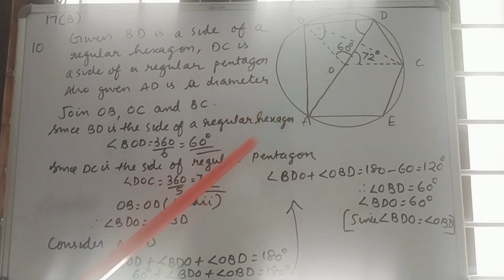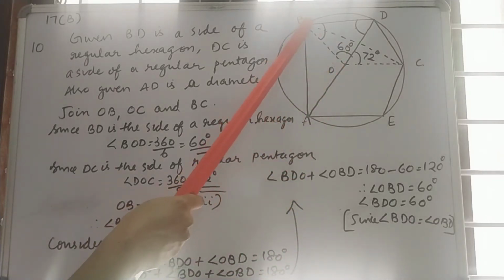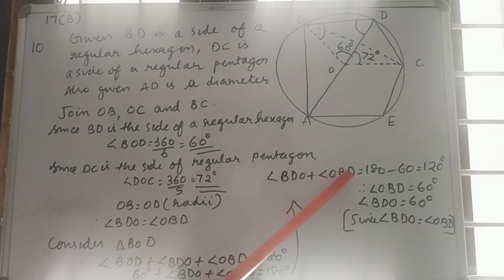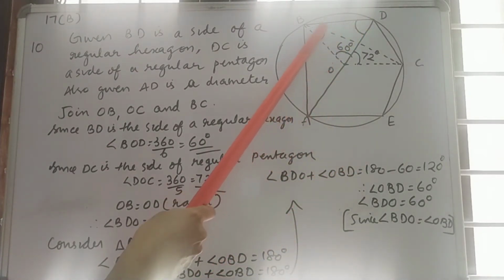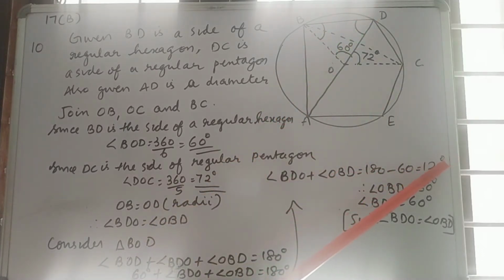Substitute angle O as 60 degrees. So 60 plus angle BDO plus angle OBD is equal to 180 degrees. So BDO plus OBD will be 180 minus 60, that is, these two sum to 120 degrees.